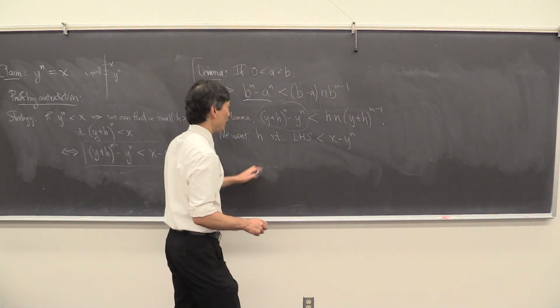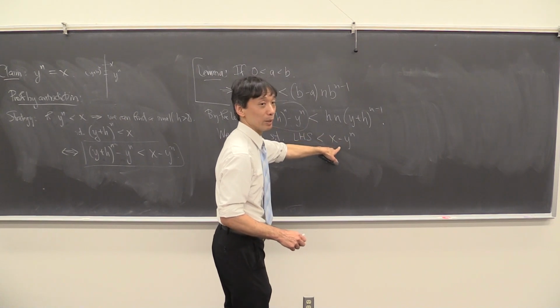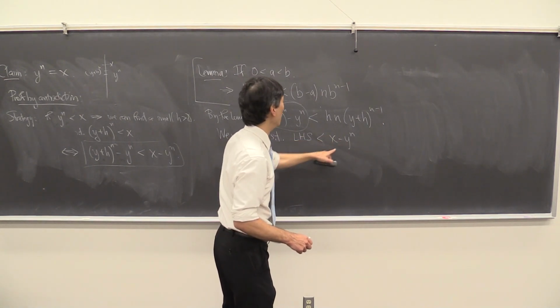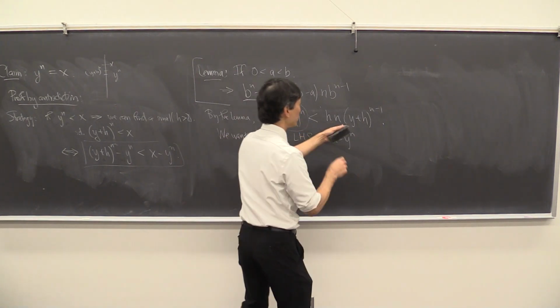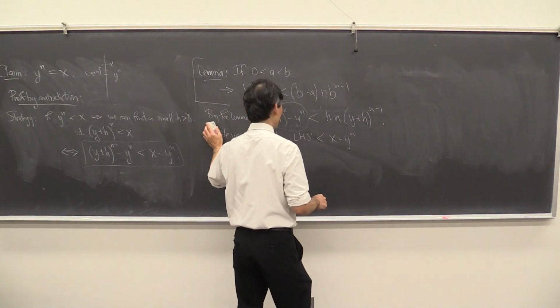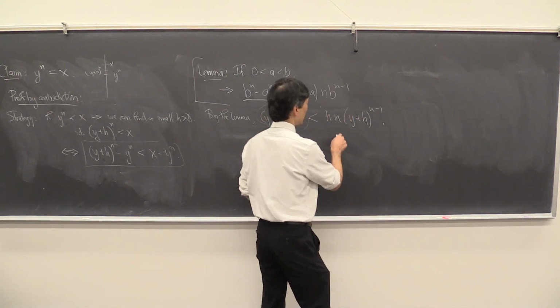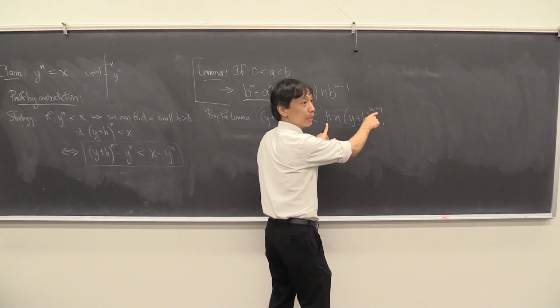Okay. So we want to find an h such that this thing is smaller than this. But that's actually a little bit tricky, because you've got h here and you've got y plus h to the n minus 1 here.